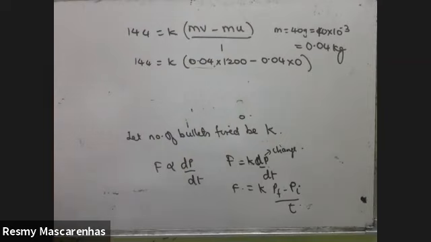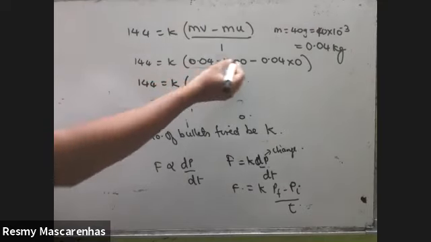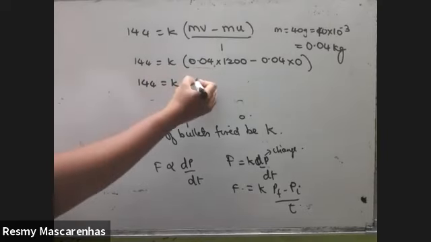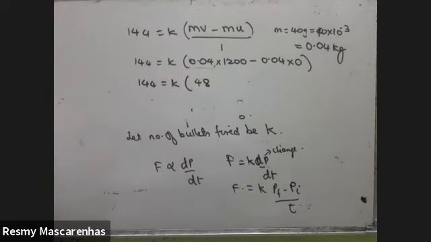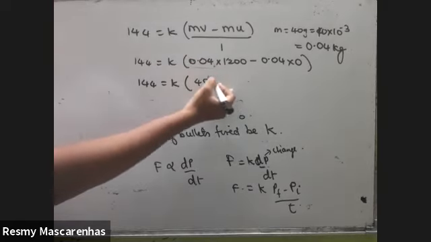Time is 1. This is 48, because if you multiply 0.04 by 1200, you get 48.